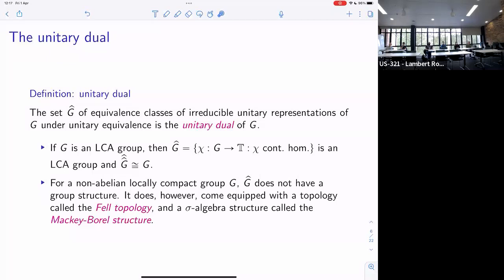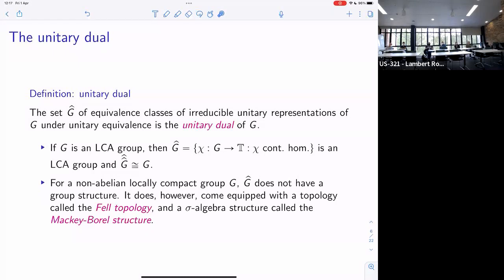And we call such homomorphisms characters of our group. And so in this case, for a locally compact abelian group, the unitary dual is itself a locally compact abelian group. And also the unitary dual of the unitary dual is isomorphic to the group we started with. So in some sense, the irreducible unitary representations preserve all information about our group.